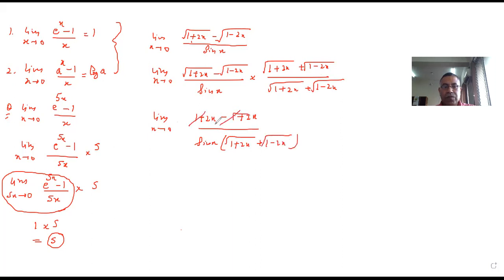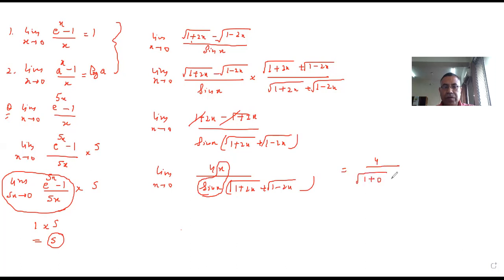So 1 goes, 2x plus 2x is 4x upon sin x times the roots. So this sin x over x will become 1 because x tends to 0. So only 4 is here over root (1 plus 0) plus root (1 minus 0). So this is 4 over 2, it will become 2. This is the answer.